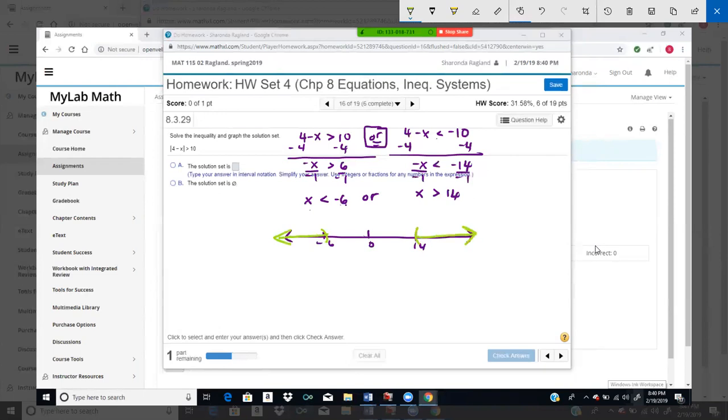So it's very similar to what we did on the last one. So we can see that the interval notation for this one will be negative infinity to negative 6, open, union with open at 14, and that goes all the way to infinity. So we did the graph and we did the interval notation.